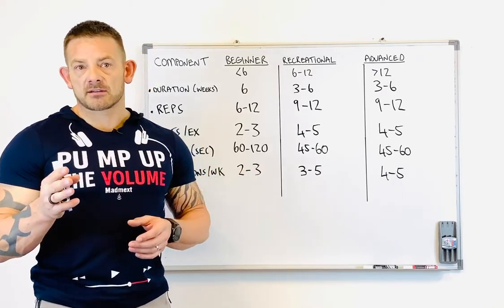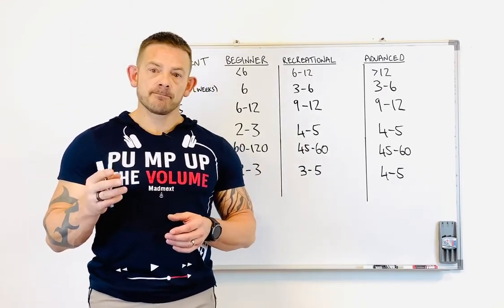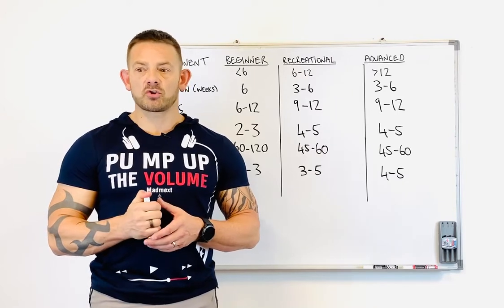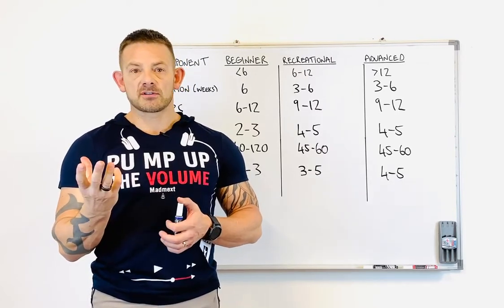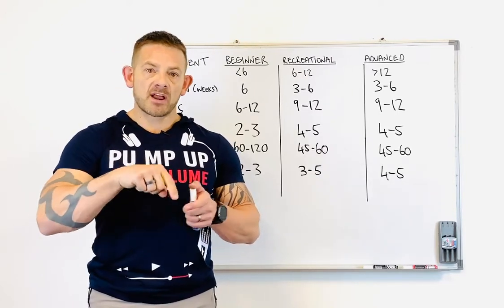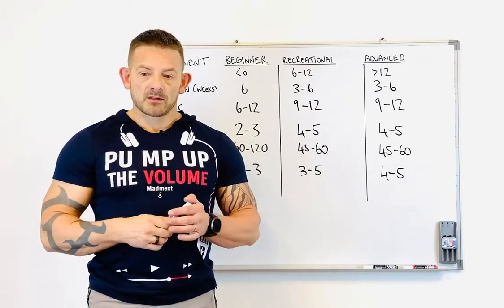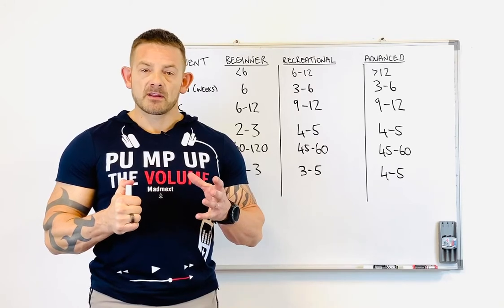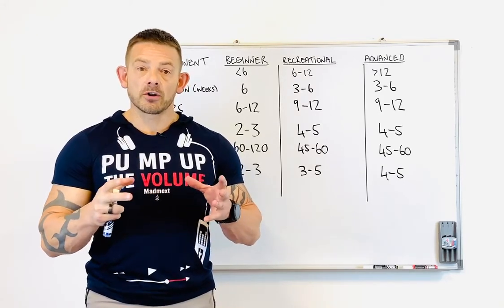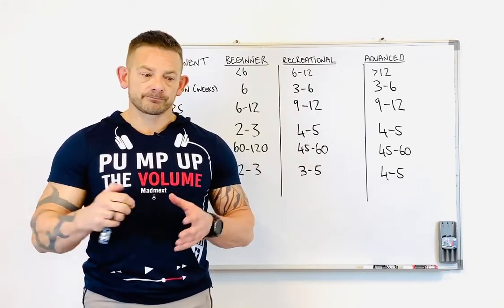In contrast, sarcoplasmic hypertrophy is in relation to the fluid, which is the sarcoplasm, that surrounds all of the individual muscle fibers within the muscle. So sarcoplasmic hypertrophy is simply an increase in the volume of the sarcoplasm.